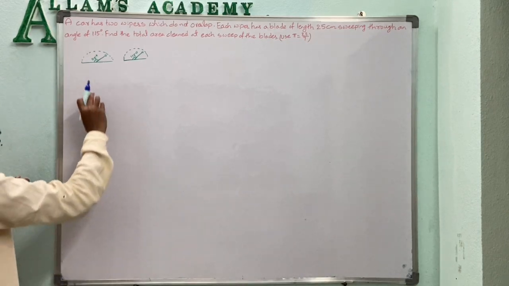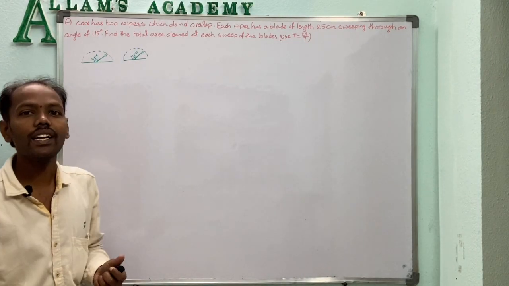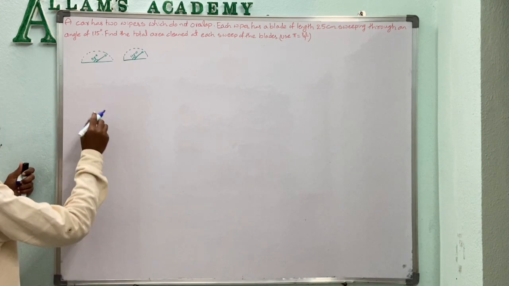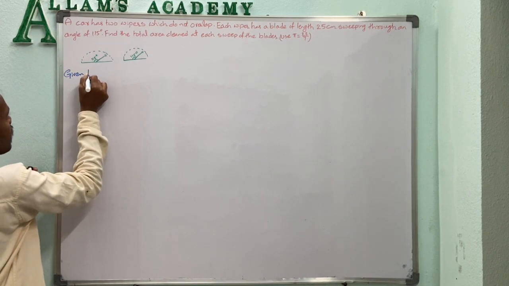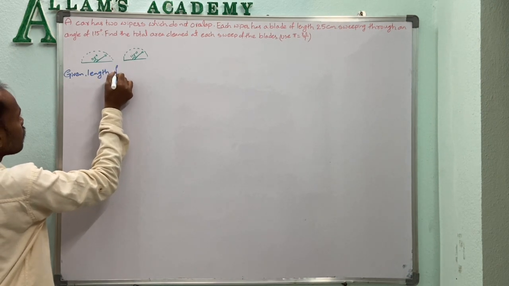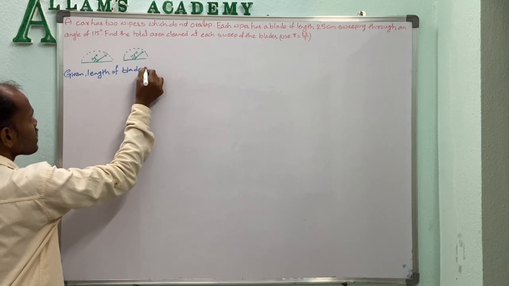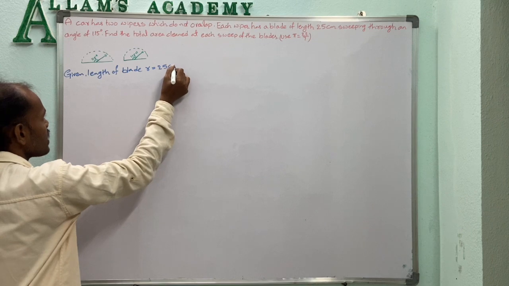So here we want to find the area of the sector. Given information: length of blade, that is nothing but the radius, is 25 centimeters.